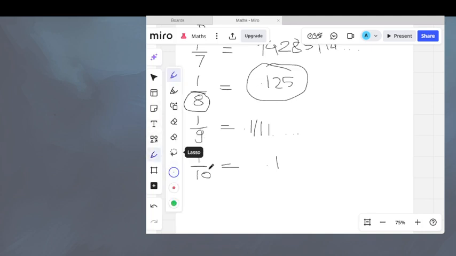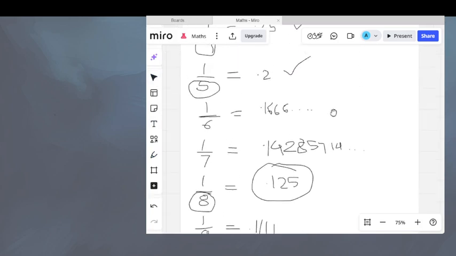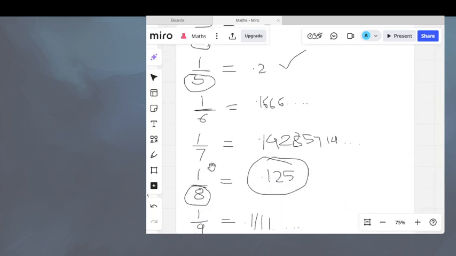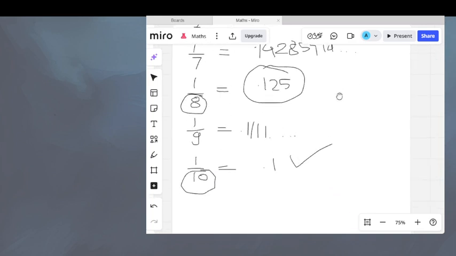Now again we have a terminating decimal and the denominator is 10. So what we observe is that whenever the denominator contains a factor of 2, like 2 or 4 or 8, then the fraction is terminating.